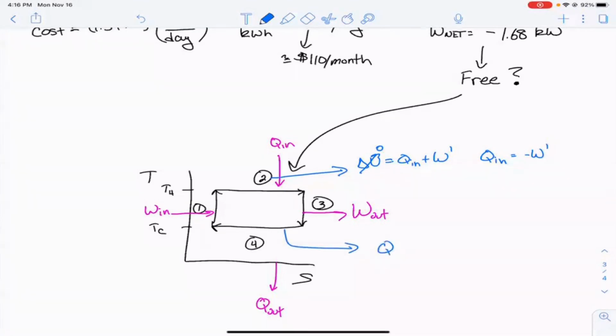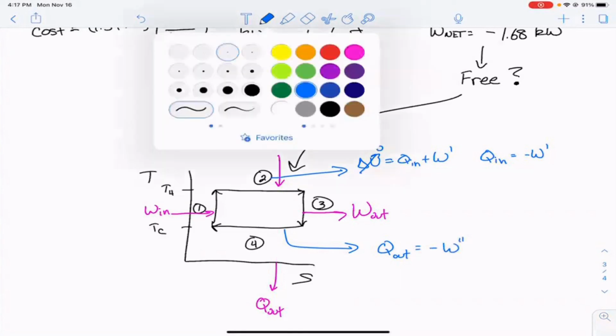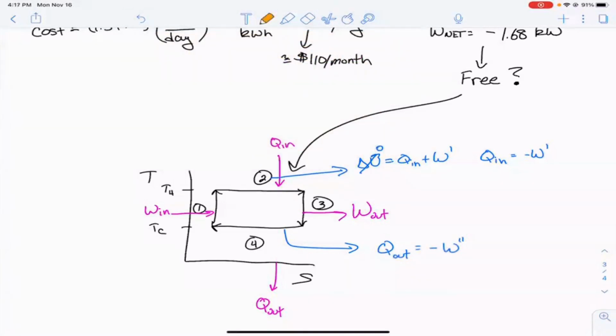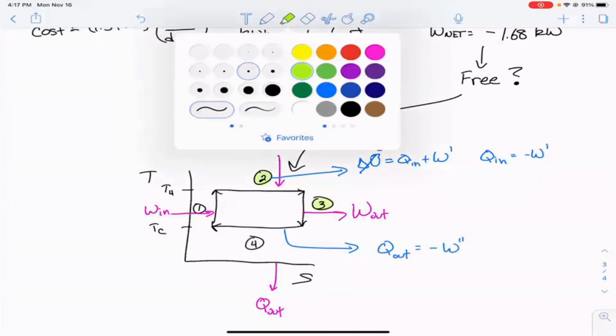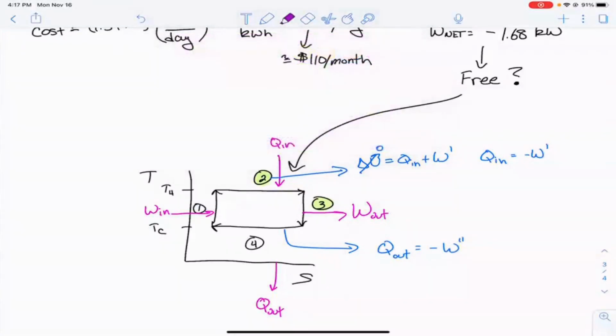And we know that Q out would be equal to minus some other value for the work that has to be done in that step. So actually, if we think about what's happening in the Carnot process, Q in is positive, so Q out is negative. So you actually get energy out or work out in steps 2 and 3, and then you have to provide energy to the process or do work in steps 1 and 4.